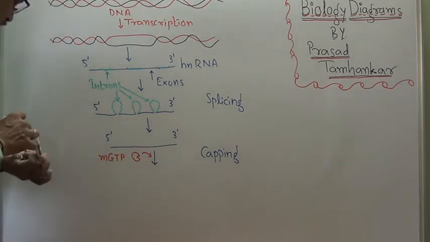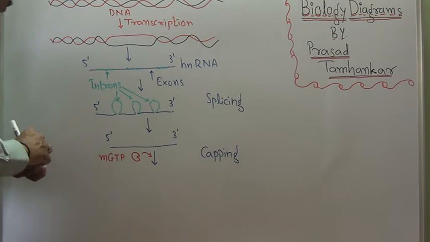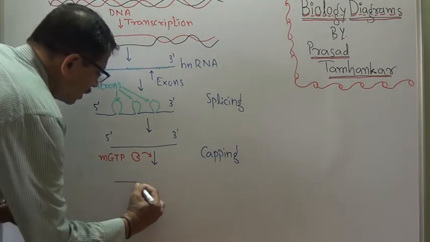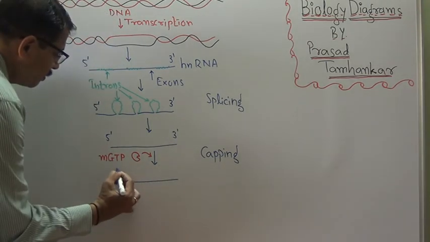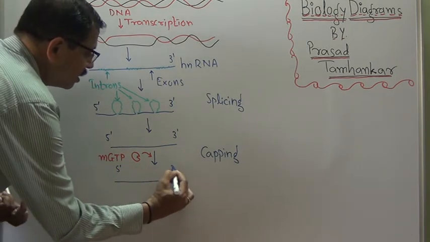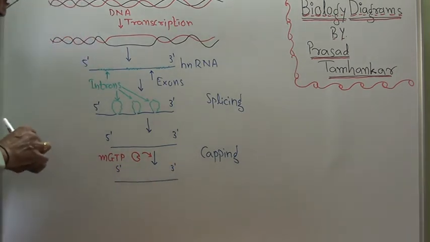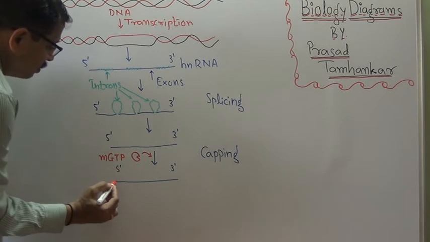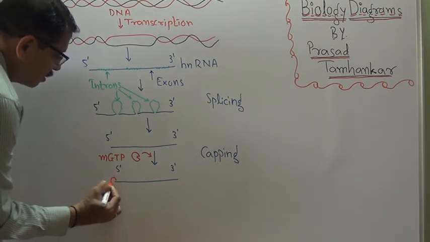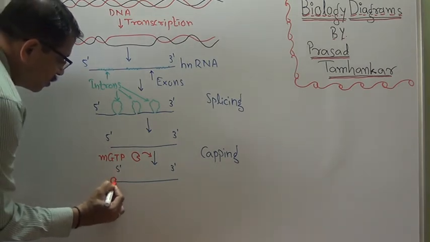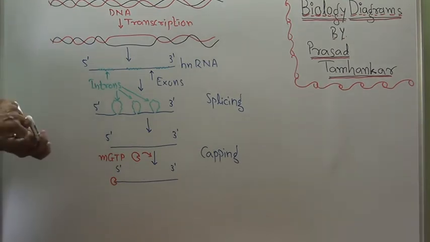After addition of methyl guanosine triphosphate, it will look somewhat like this. This will be the 5' end, this is the 3' end, and what is done? MGTP will be added here. This entire process is called capping.